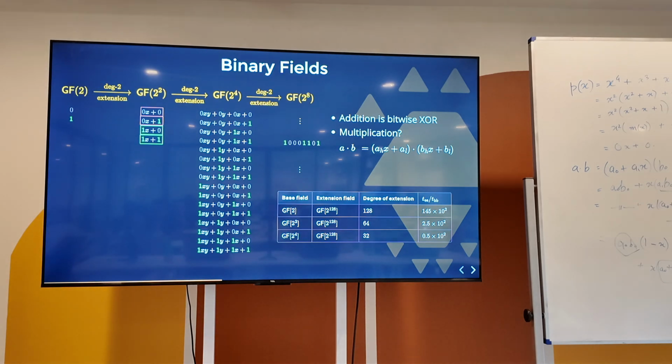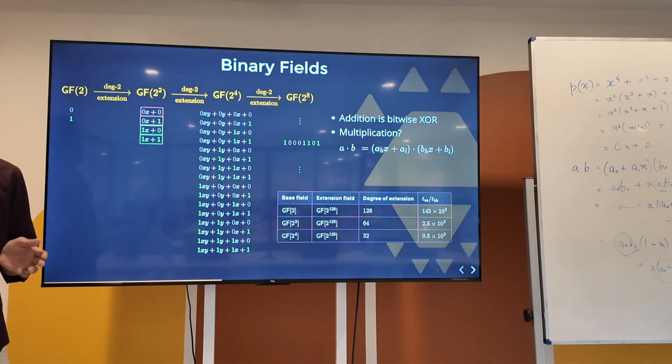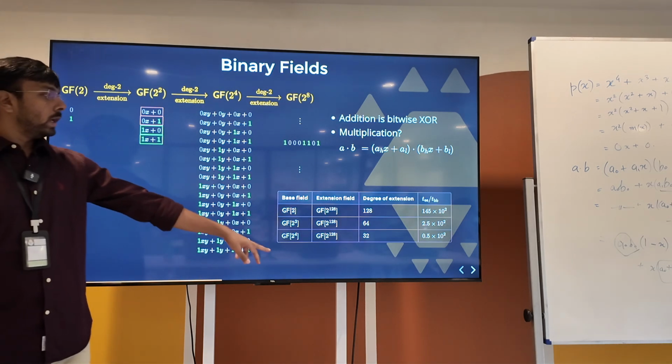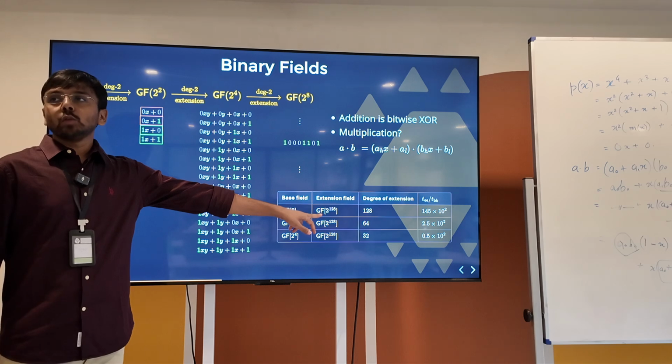So the point I'm trying to highlight with this table is that multiplication in extension fields is very expensive, especially for the SNARK use case, because in SNARKs, let's say we take Binius, we need an extension field of degree 128.